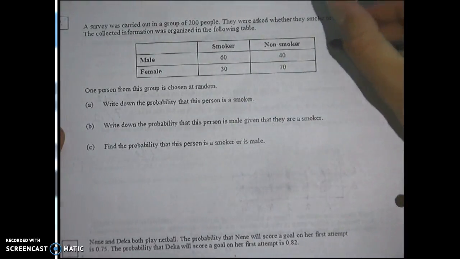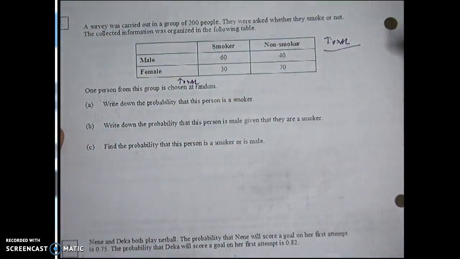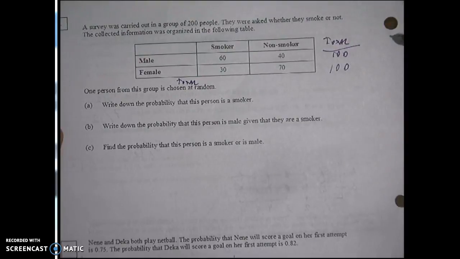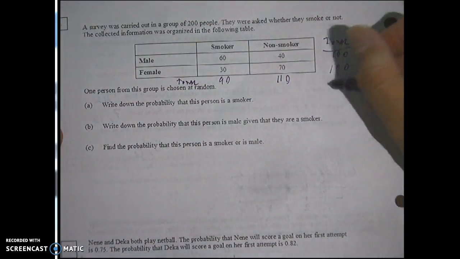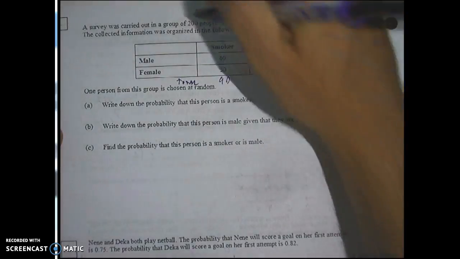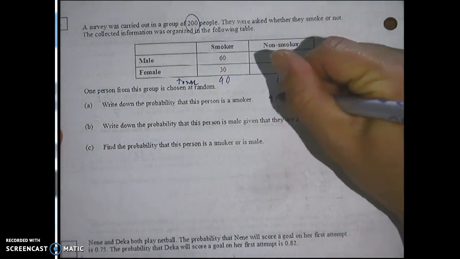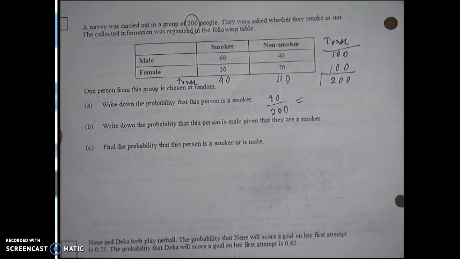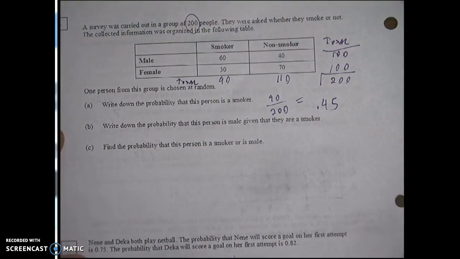So if I was to make some totals here, then it looks like there's 100 males and 100 females, 90 smokers, and 110 non-smokers, and of course the grand total is 200. That's what they told me. So the probability that somebody's a smoker is simply 90 out of 200, or if you prefer, 0.45. 45% chance somebody's a smoker.